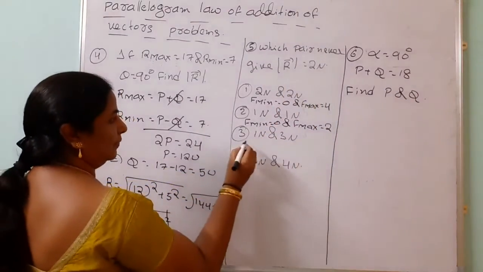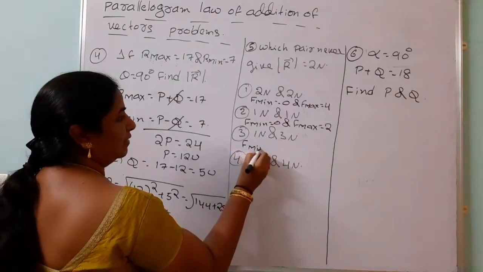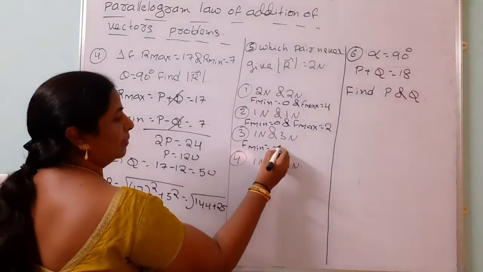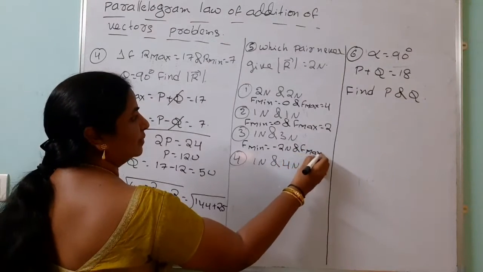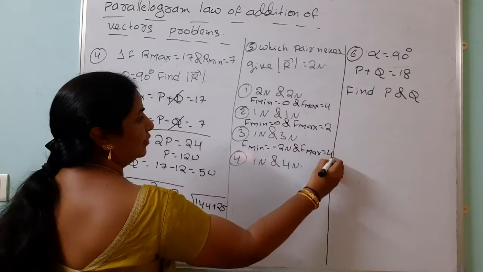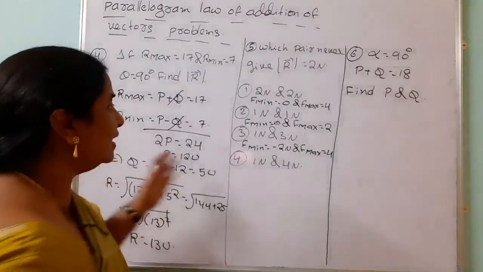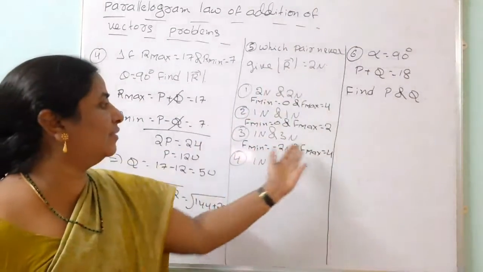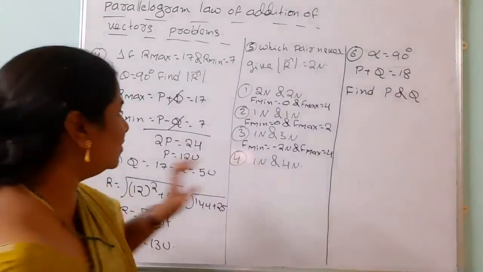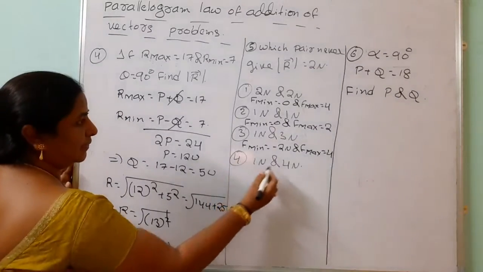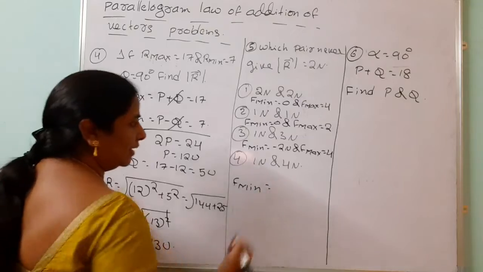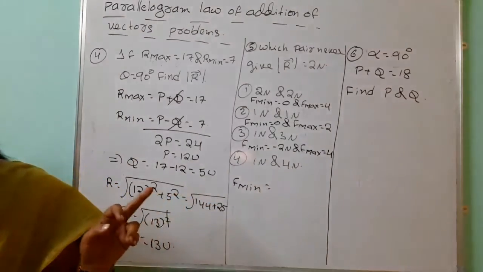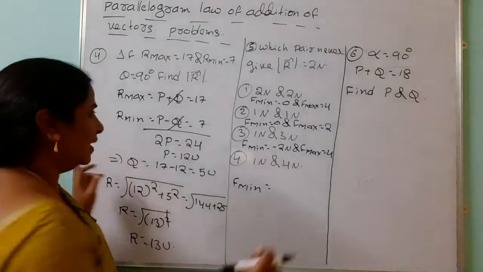Then the third one, F minimum equals how much? Minus 2 newtons, and F maximum equals how much? 4. But it is also possible, 2 is in between minus 2 and 4. Then come to the fourth one. In this case, the pair is 1 newton and 4 newtons.